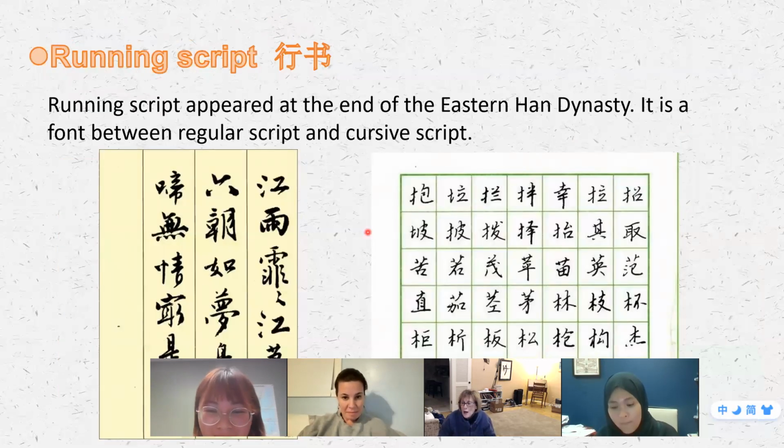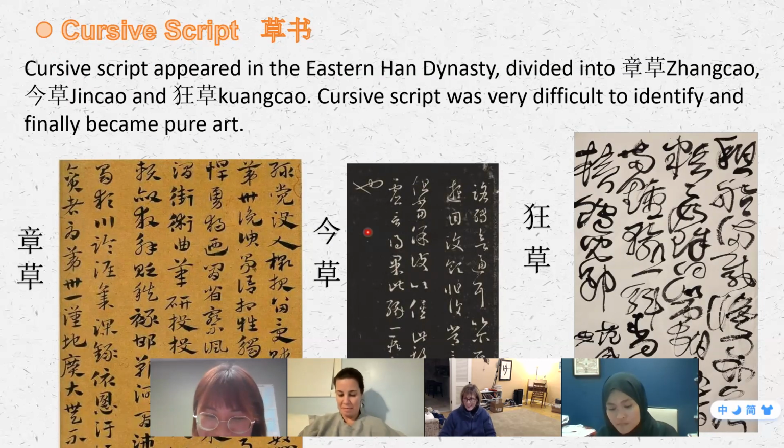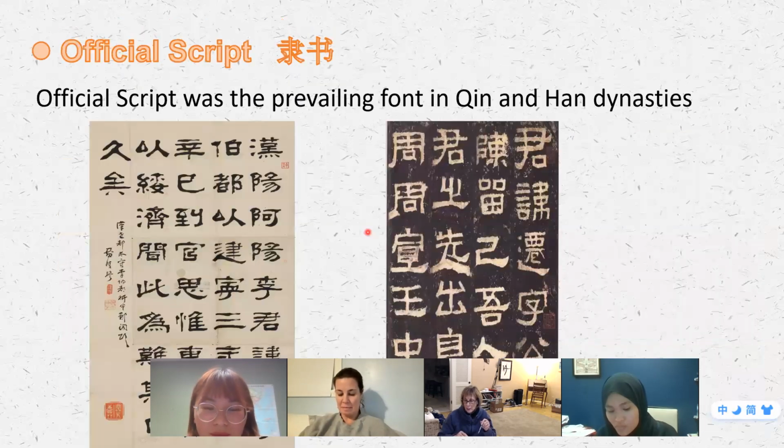We were taught in calligraphy class that the official style, or what we call clerical style, is only carved. When you're writing it, you pretend like you're carving, versus writing.